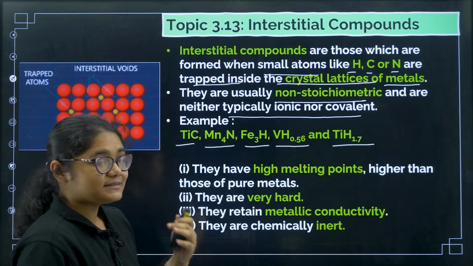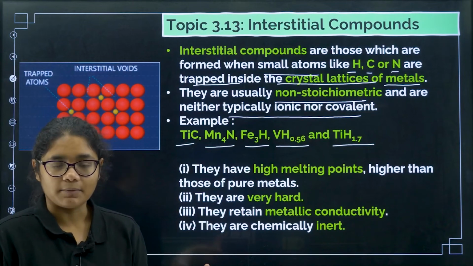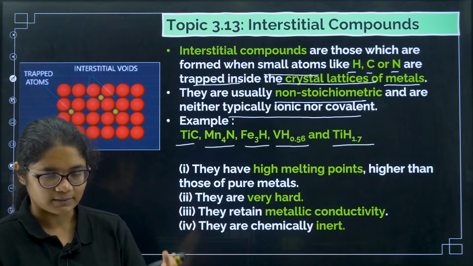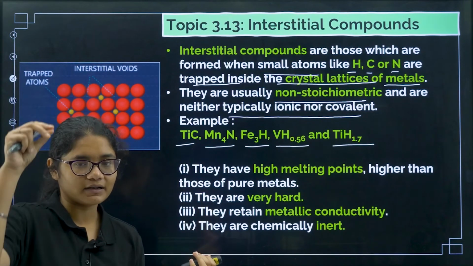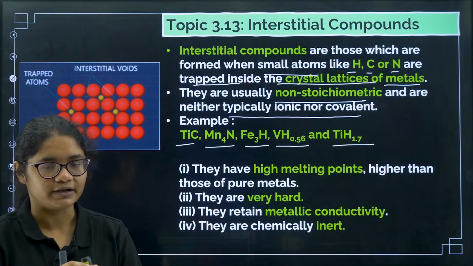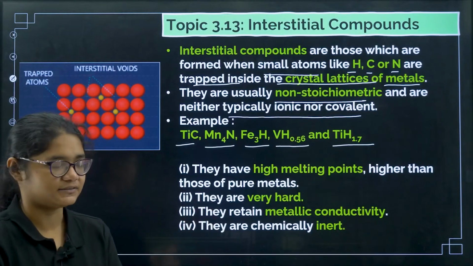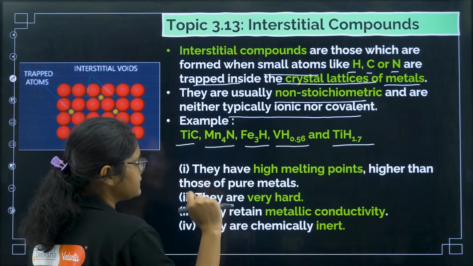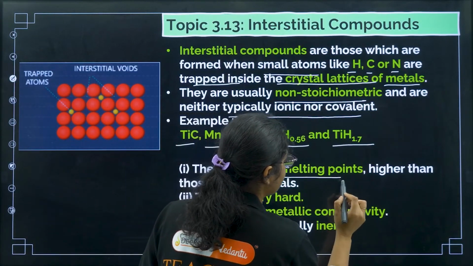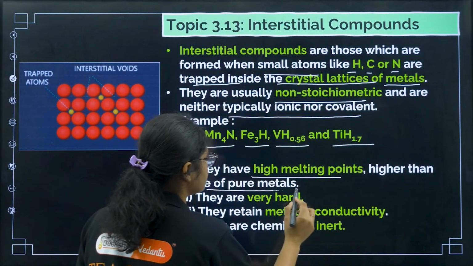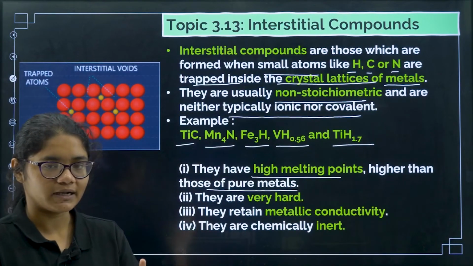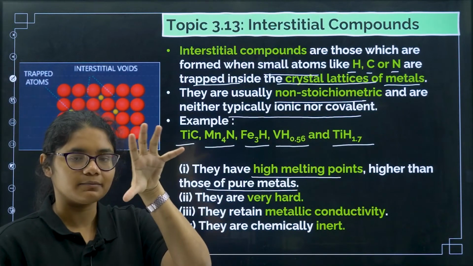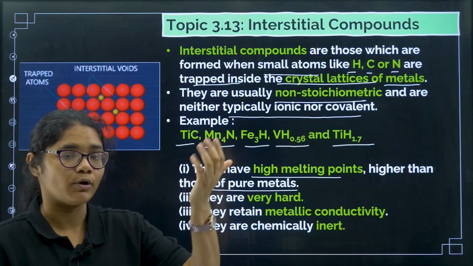Now what is the benefit of these interstitial compounds? How do they help the metal? Suppose there is a metal with some interstitial sites filled, then what properties are enhanced? First, they have high melting points, higher than those of pure metals. If there is a pure metal and you put some hydrogen or carbon atoms in between, its melting point will increase.